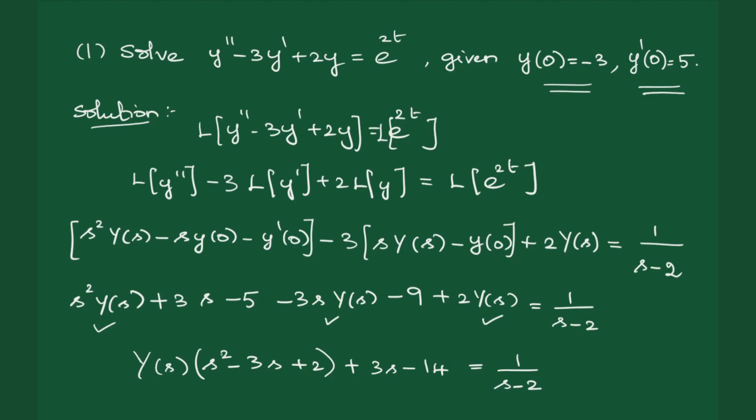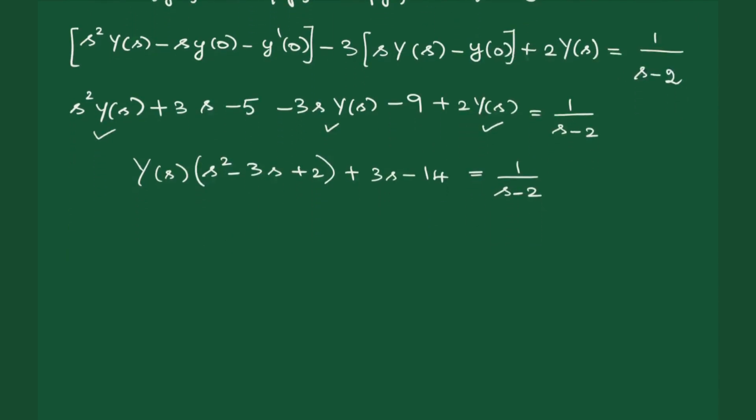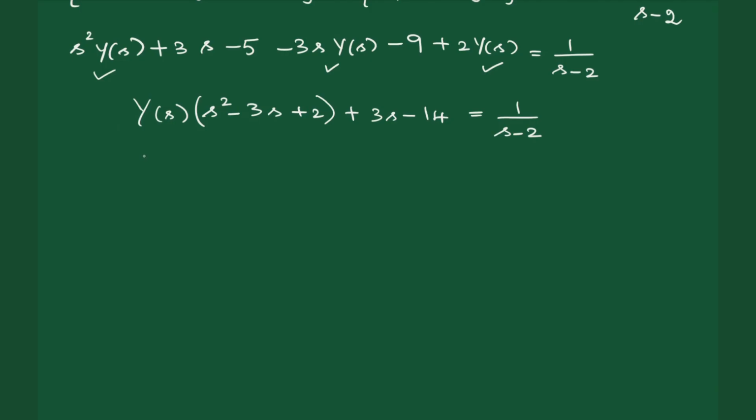Clear? So now we have to again take all the terms from the left hand side to the right hand side to find what is exactly y of s. So now we can find y of s. So here y of s into s square minus 3s plus 2 is equal to 1 by s minus 2 minus 3s plus 14. Right, here to the right side we have to take LCM, and over the left side also we can factorize this s square minus 3s plus 2 as s minus 2 into s minus 1.